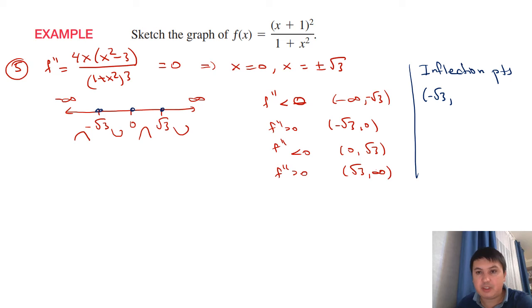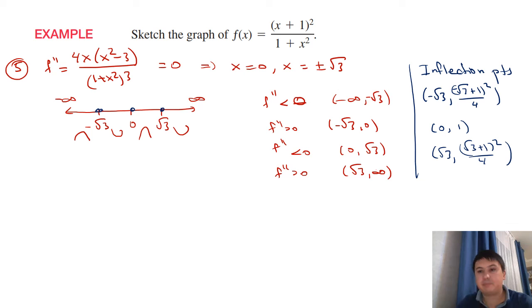If you plug in minus square root of 3, it becomes (minus square root of 3 plus 1) squared divided by 3 plus 1, that is 4. At 0, this is simply 1. And at square root of 3, I get (square root of 3 plus 1) squared divided by 4. So these are my inflection points.